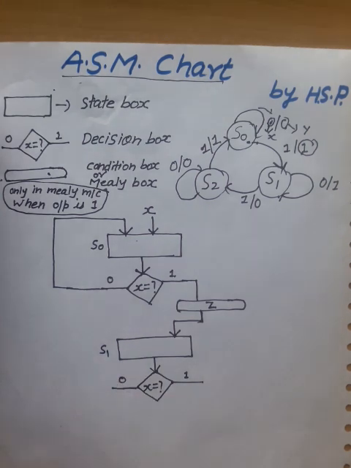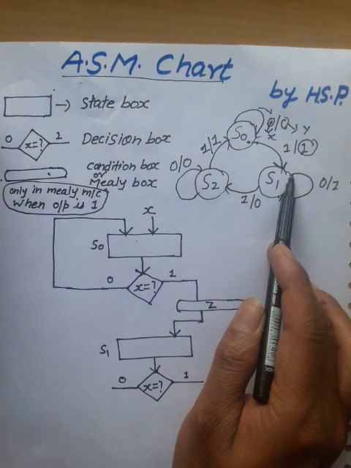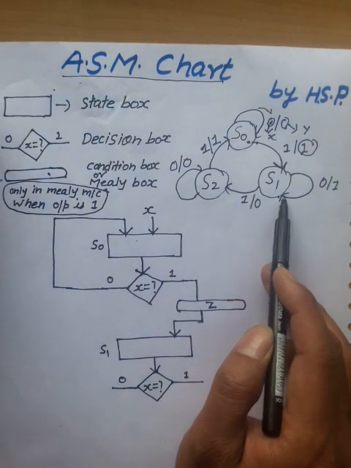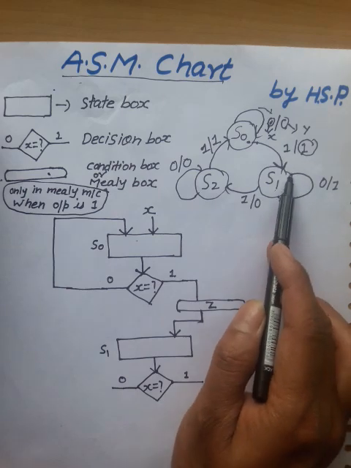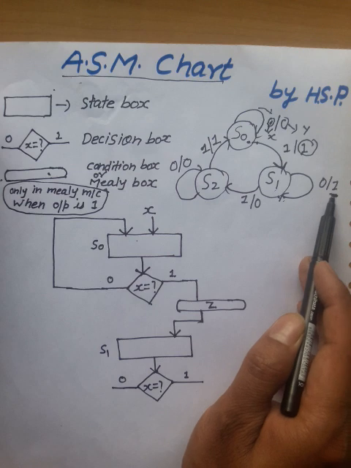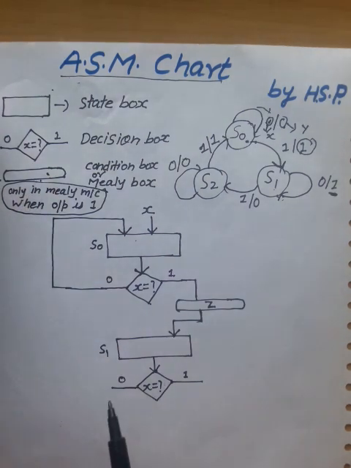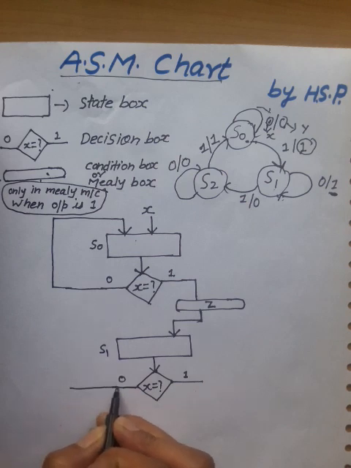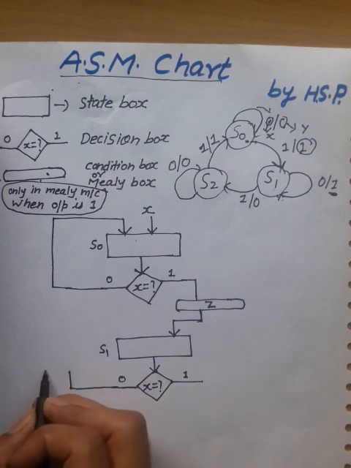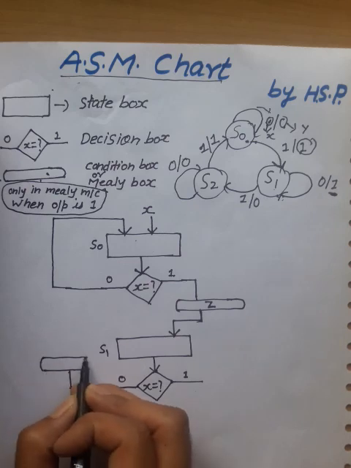When its value is 0, it is going in same state, means there is no transition, but output is high. So again we will use this box. Make one box here, this Mealy box, just rectangle with rounded corner.